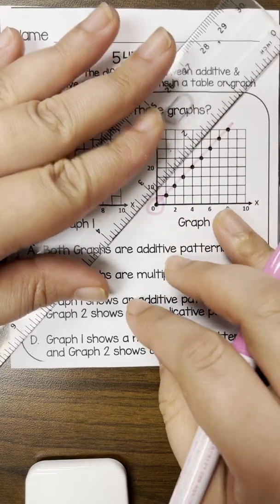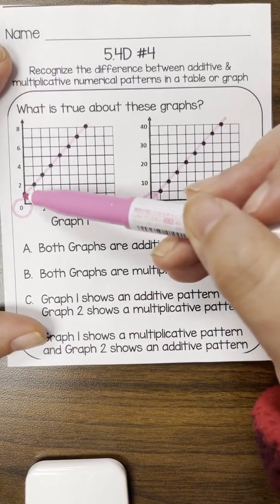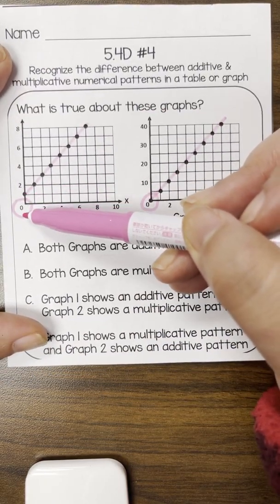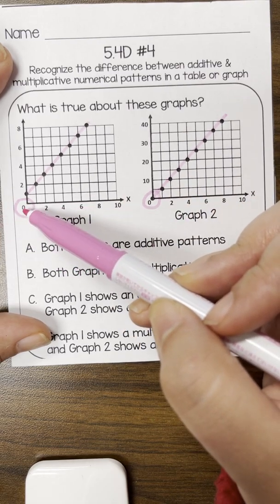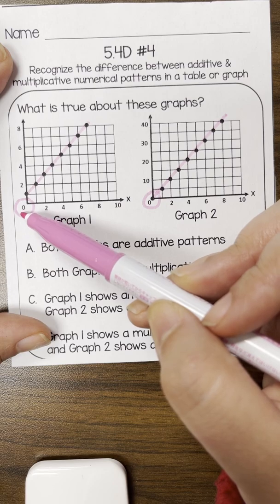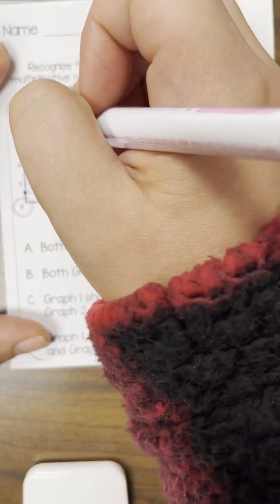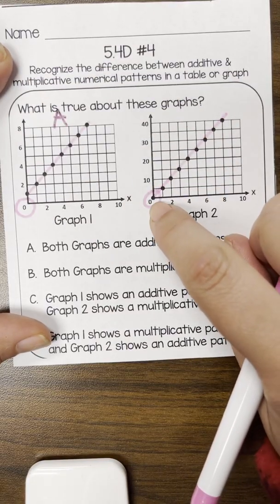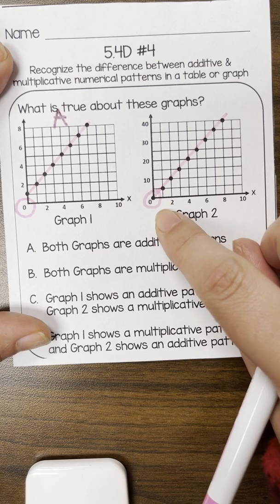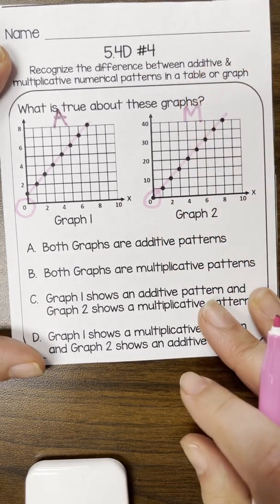Now this one is a little bit tricky because if you notice, this is very close to the origin, but it's not exactly starting right at 0. It must start right at 0. So this is going to be additive, and this one does start right at 0. If you notice, there is a point right there, so this is multiplicative, okay?